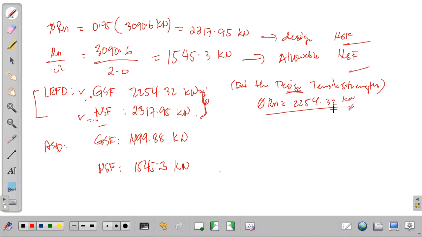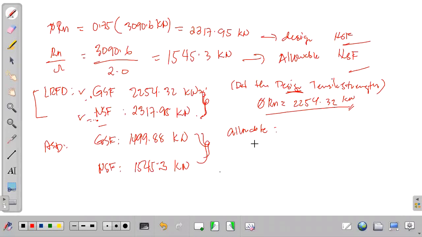Okay? So for the allowable tensile strength, which of these two will govern? So for the allowable tensile strength, parehas, you have to compare the value computed against gross section and net section and get the lower value, since that will govern in our design.